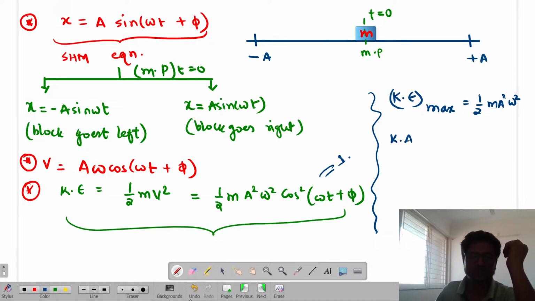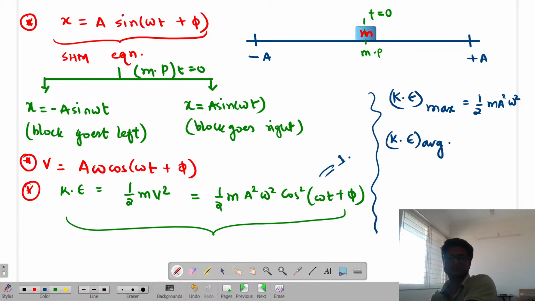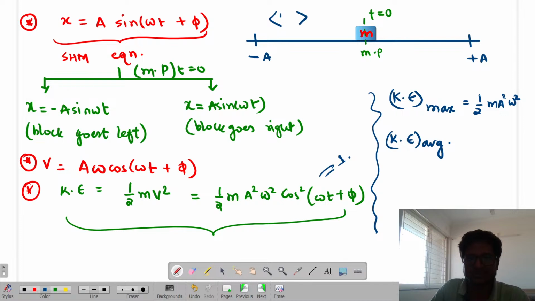Now there is one more thing which we call the average value of kinetic energy. Average value, okay. Any average is denoted by a bar like this, required or not. If I want to find the average value, that means it will be an integration of all these cos square terms, isn't it?